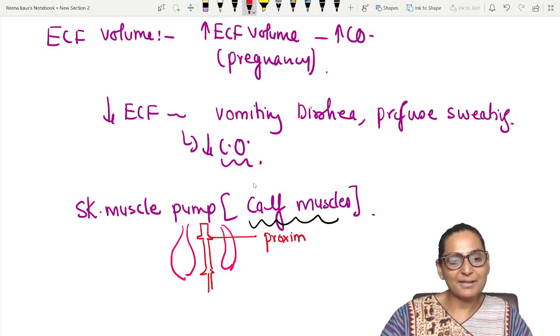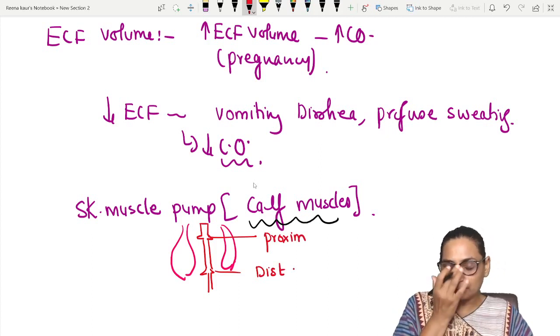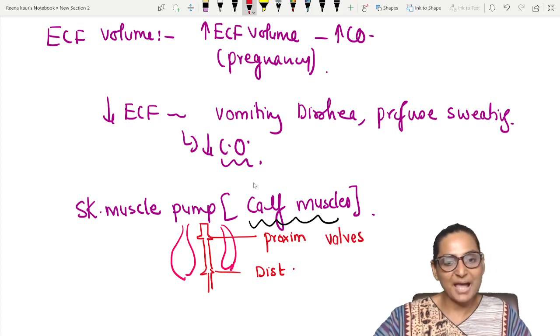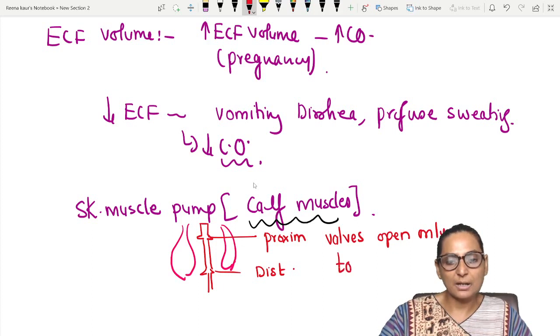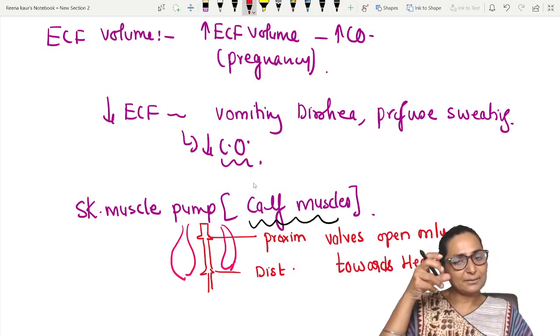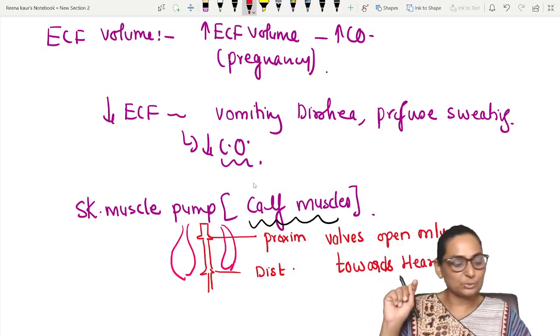The very important peculiarity is that these valves open only towards the heart. As they open towards the heart, they are going to take the blood flow to the heart.